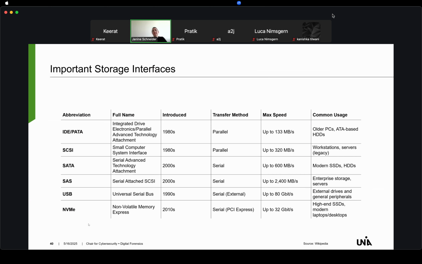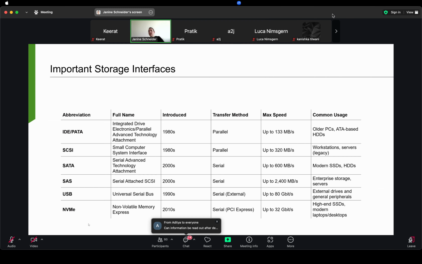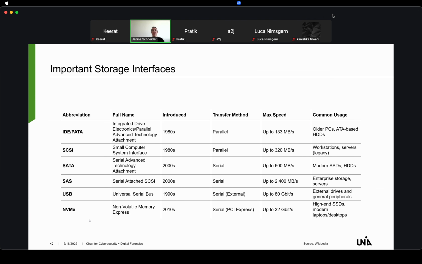And the differentiation between interfaces and protocols and standards and stuff like that, I think it's difficult to understand the difference, but you can think of storage interfaces as something comparable to layer 1 and 2 of the OSI model. So you have a bit transmission and a communication protocol combined in the storage interfaces.